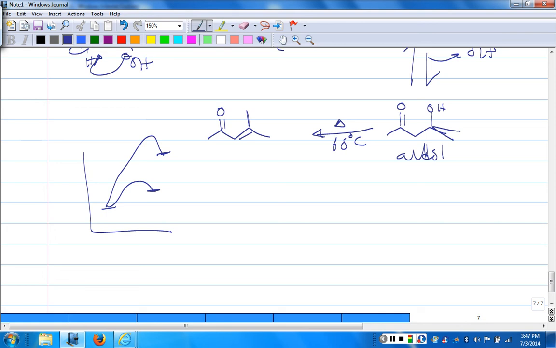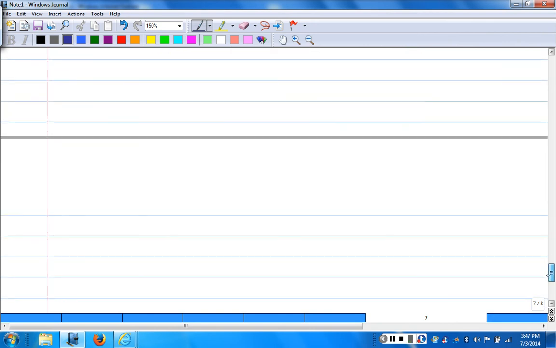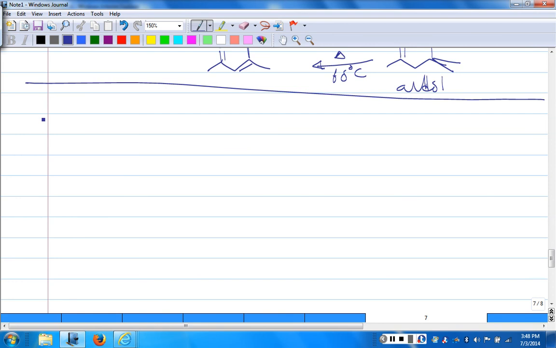Well, we have a little problem, and the problem is that, actually, I think I have space on this page. Well, not much. Well, a little bit, but whatever. Well, I'll take it. The problem is that if we were, for example, to treat a mixture of carbonyl compounds.